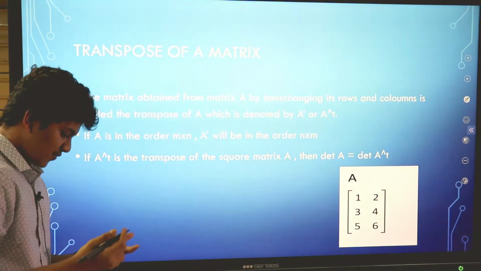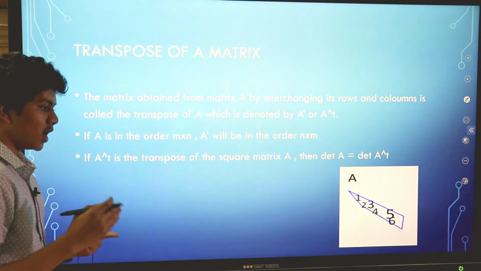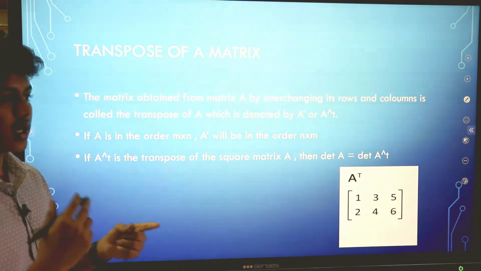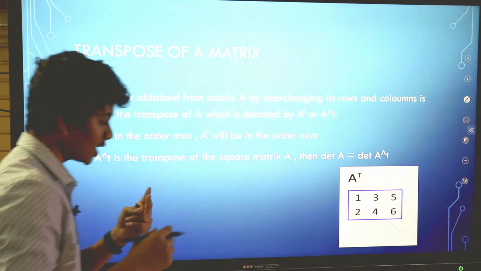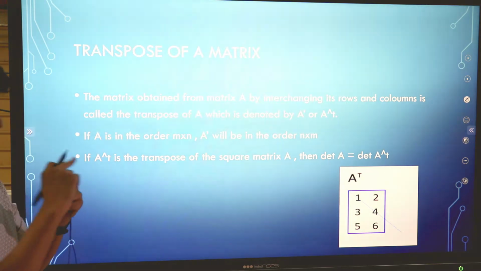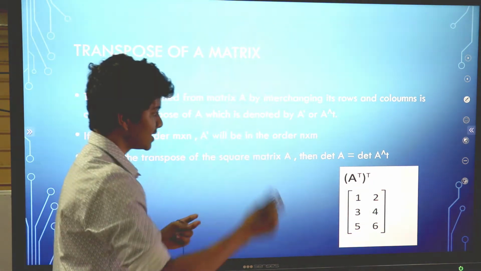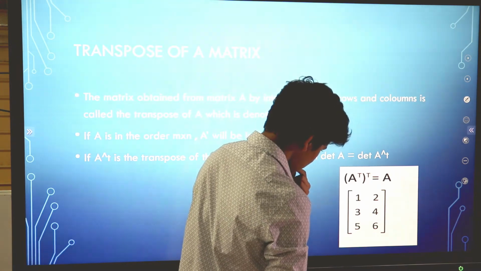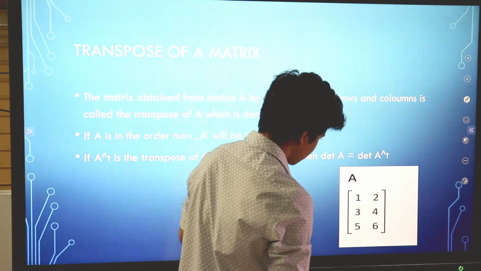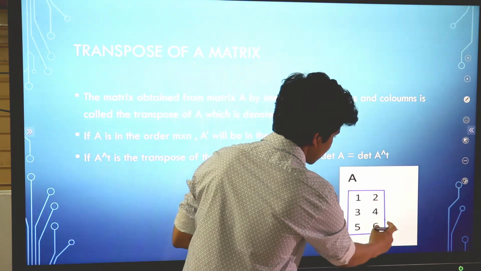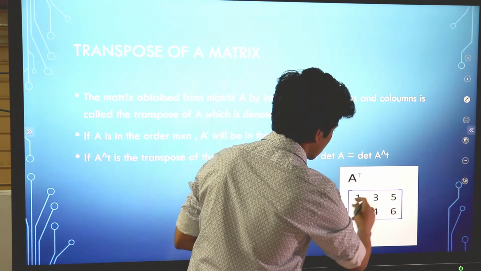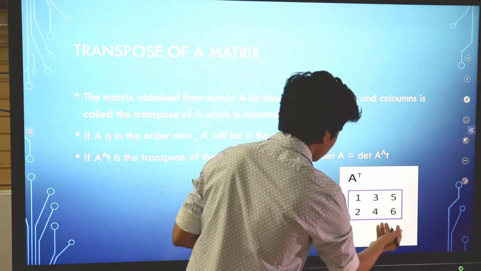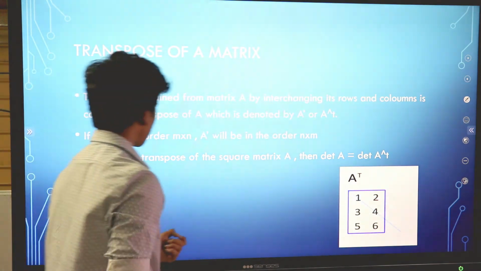Transpose of a matrix. If we see practically, a matrix needs a transpose to be solved. If a matrix is of order 2 by 3 and I switch the rows and columns, just like here, we'll see it. If this is your matrix, a diagonal goes through this, and if I flip the rows and the columns, this is how a transpose is shown, raised to T, which means transpose.